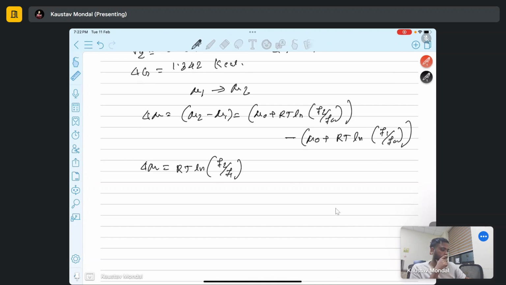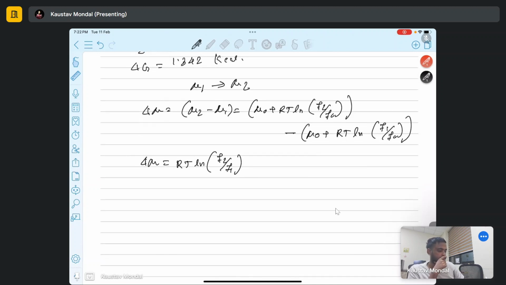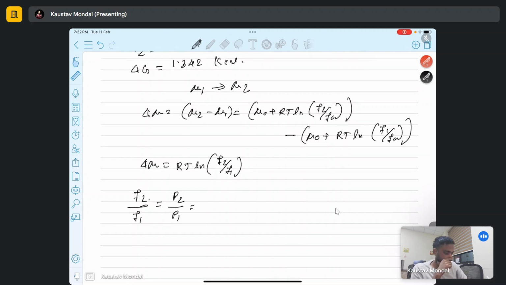So now f2 by f1 we can write as p2 by p1, right? Or p2 by p1 we can write as v1 by v2, that comes from Charles law, p1 v1 equal to p2 v2.